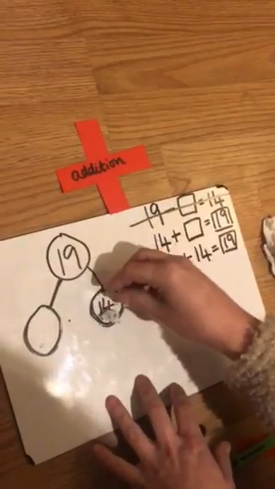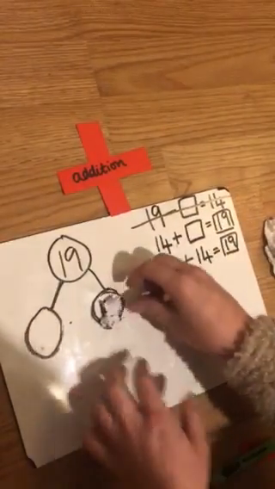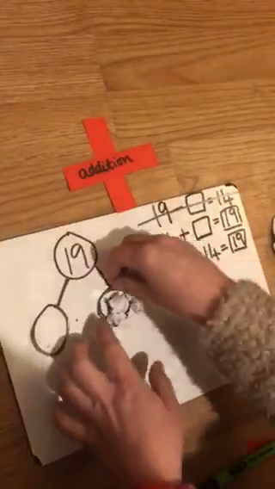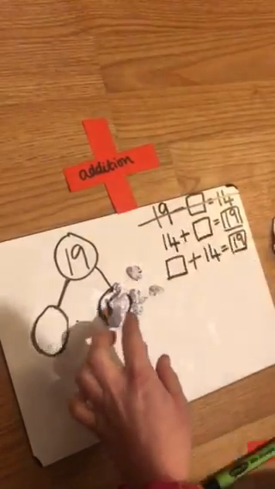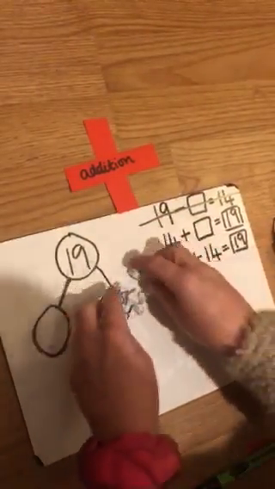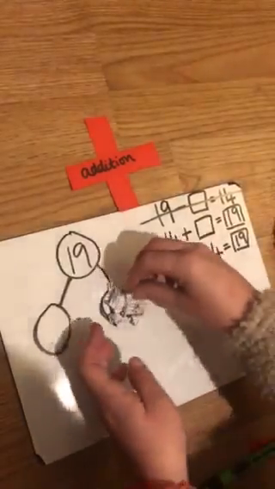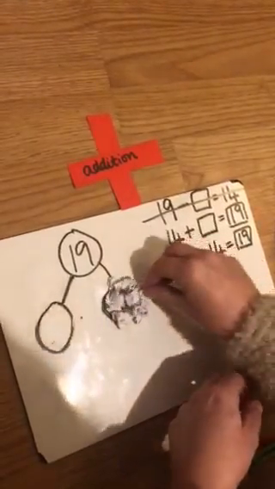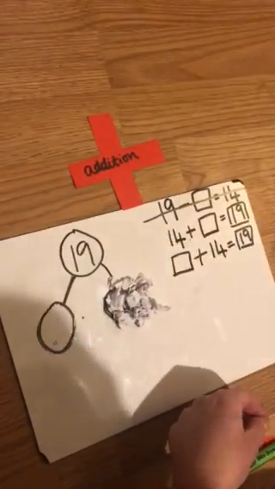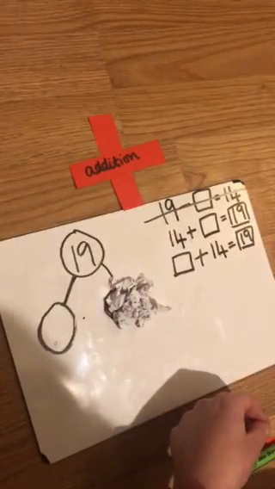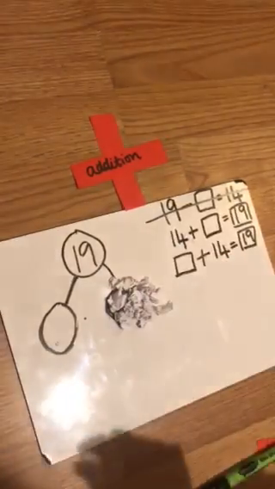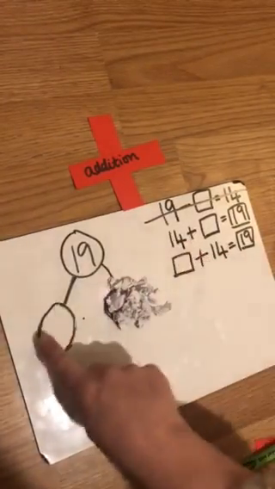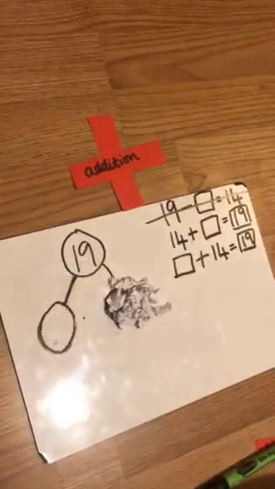1, 2, 3, 4, 5, 6, 7, 8, 9, 10, 11, 12, 13, 14. Now, we're on 14, okay? But we don't know what this part is, but we need to get to 19.